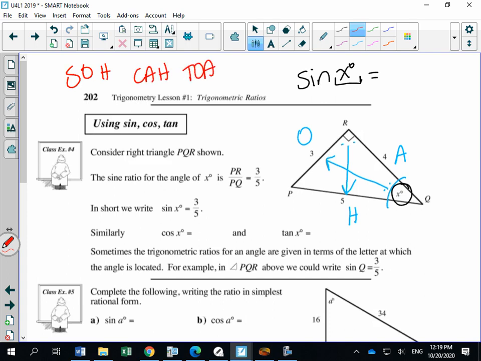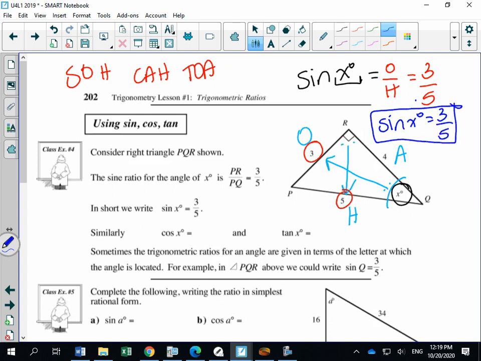SOHCAHTOA. The sine of angle x is O over H, which is equal to, opposite was 3, hypotenuse was 5. As a formal answer, I would say the sine of angle x is equal to 3 over 5.